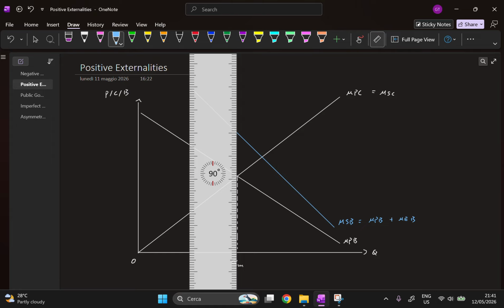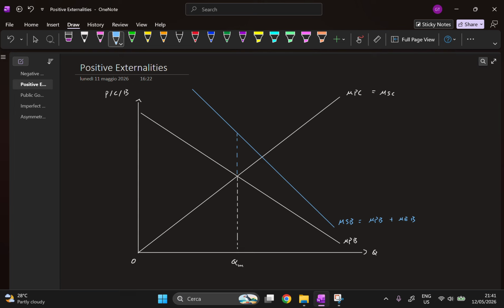And once again, remember, I have this vertical dotted line. I extend it up to the blue colored line. Okay? And this vertical distance here actually is a measure of the marginal external benefits that you get at the free market quantity QM.